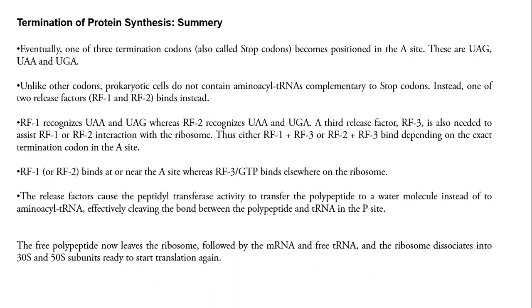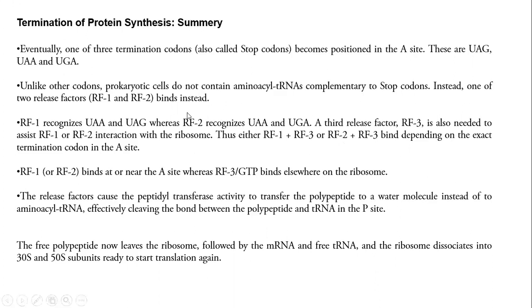RF1 recognizes UAA and UAG, whereas RF2 recognizes UAA and UGA. The third release factor is also needed to assist RF1 and RF2 interaction with the ribosome. Thus, either RF1 plus RF3 or RF2 plus RF3 bind depending on the exact termination codon in the A site.